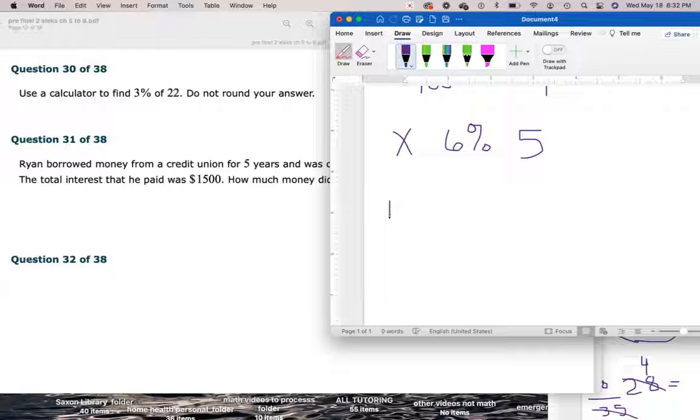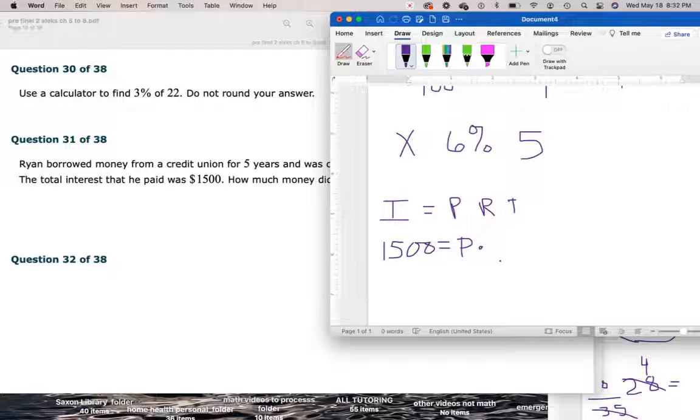So interest equals principal times rate times time. Okay, so we're going to have the interest was $1,500. The principal is what we do not know. We called it X, but we can just call it principal. Times the rate, 6% would be 0.06, wouldn't it?